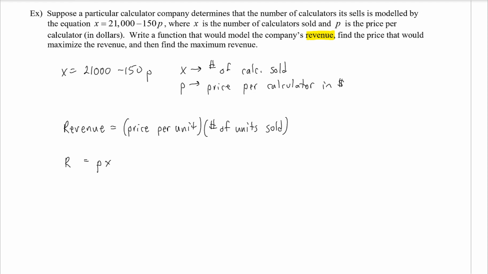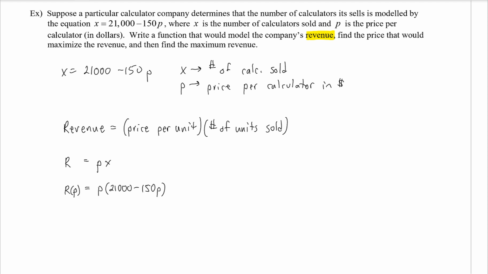Well, I know what X equals, so I could write revenue as simply a function of... oh, I'm sorry, not as a function of X. It's going to be P times, well, X is 21,000 minus 150P. So revenue is actually going to depend on price. So it's going to be a function of price.